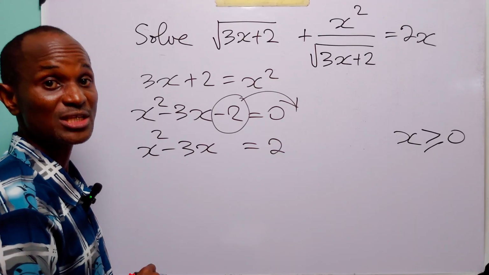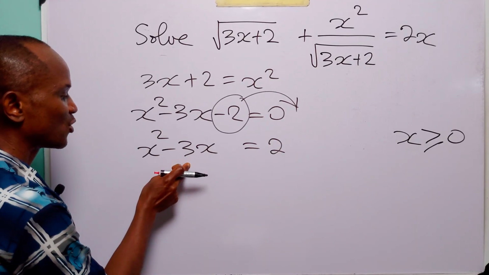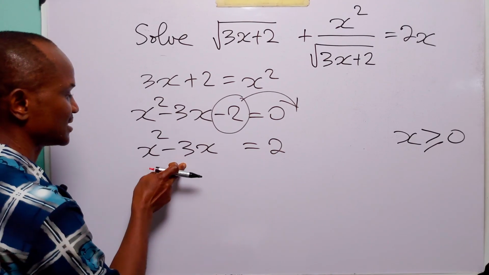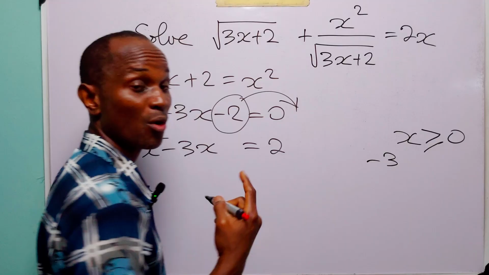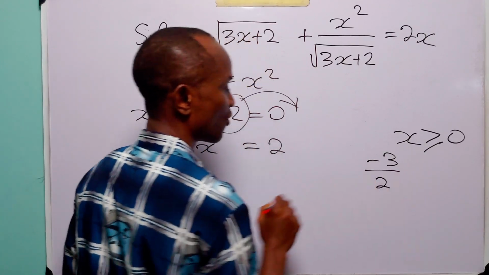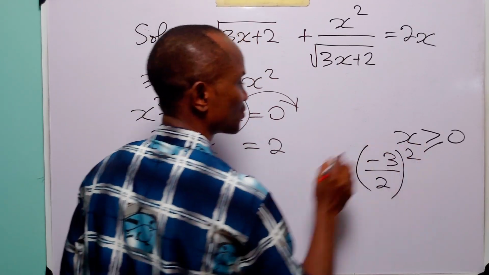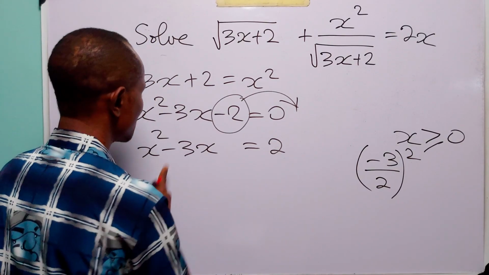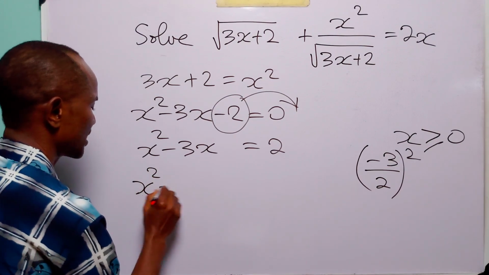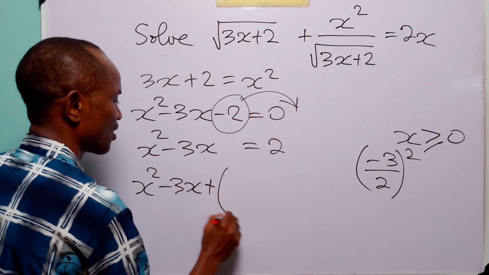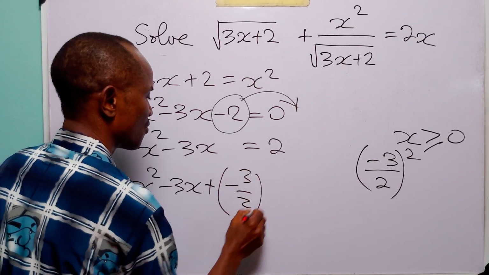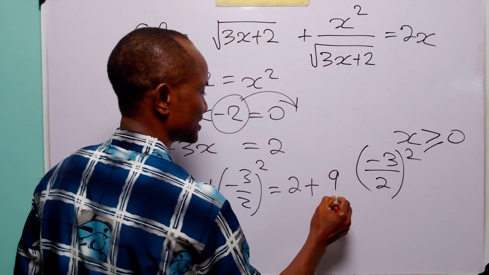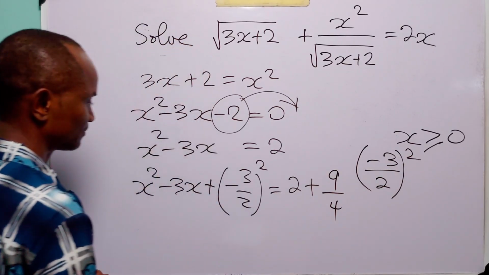The next thing we are going to do is to add the square of half the coefficient of x to both sides of this equation. What is the coefficient of x? It is minus 3. What is half of it? Minus 3 over 2. We square this and we add to both the right-hand side and the left-hand side. When we do that, we have x squared minus 3x plus minus 3 over 2 squared is equal to 2 plus minus 3 squared is 9 and 2 squared is 4.